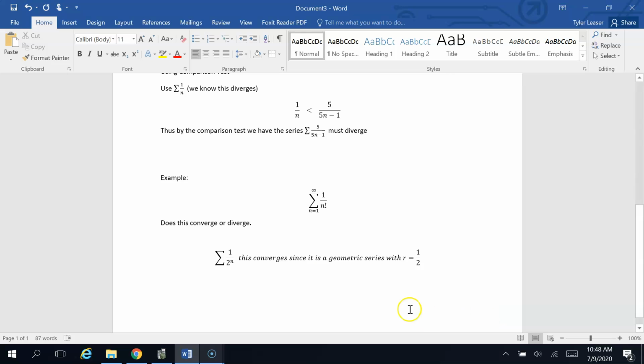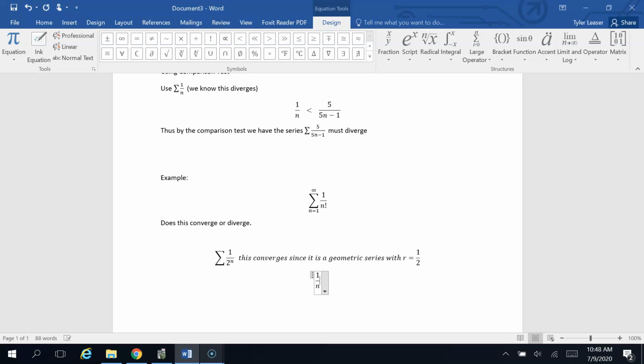Okay. Since this converges, we need to figure out which way the inequality is going to go between 1 over n factorial and 1 over 2 to the n. We hope that 1 over 2 to the n is always going to be bigger than 1 over n factorial. That way we get that this converges by the comparison test up above.